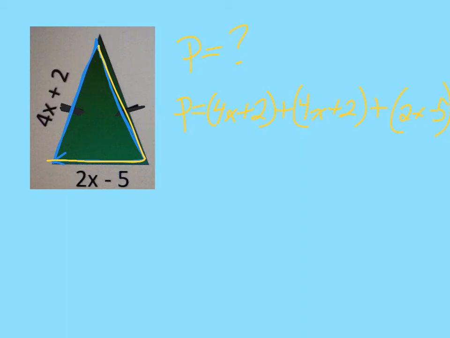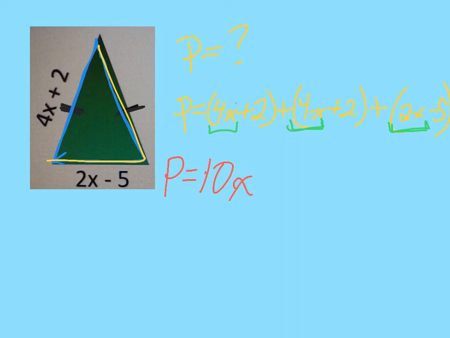So I have those three binomials. I'm going to add them together, and I'm going to do that by combining like terms. So I'm going to take all of my x's and add those together. 4x plus 4x plus 2x. So I have 10x.